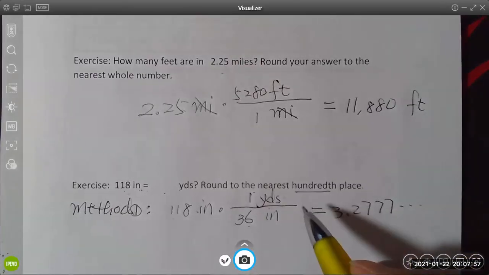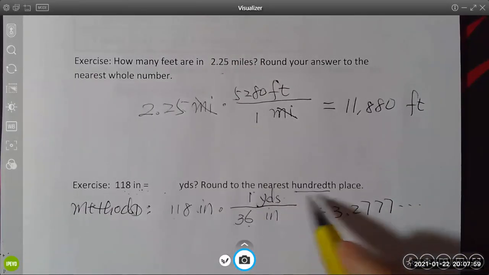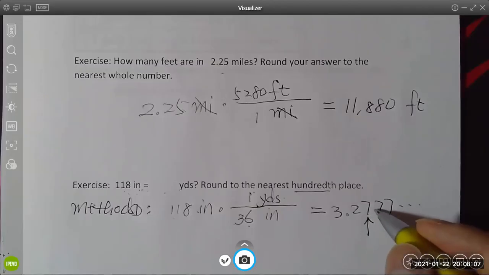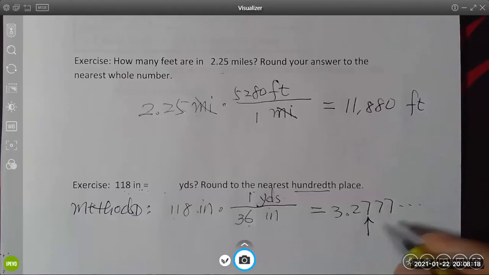And since we are required to round it to the 100th place, the second decimal digit, to do the rounding, we look at the digit immediately to the right. If the digit to the right is a 5 or bigger than 5, we round up. If it is smaller than 5, we just simply truncate it and we don't do rounding. So in this case, we get 3.28 yards.